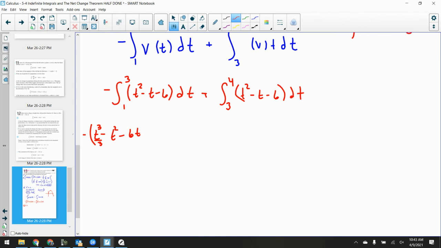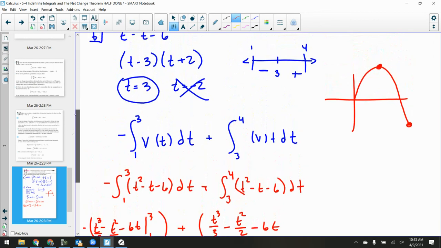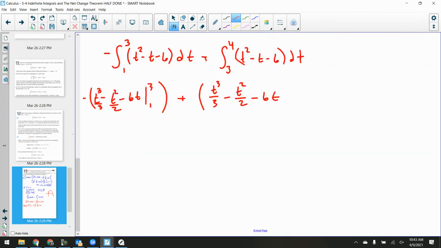Minus 6t from 1 to 3, plus t to the third over 3 minus t squared over 2 minus 6t from 3 to 4.